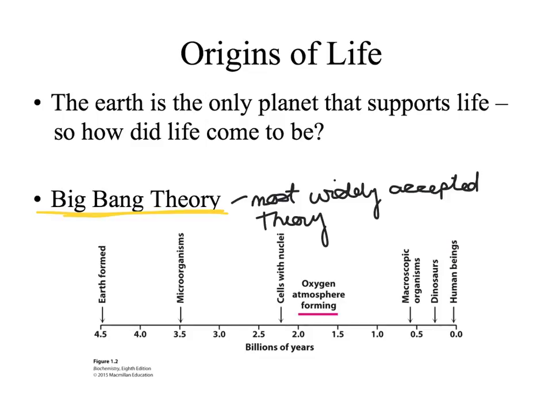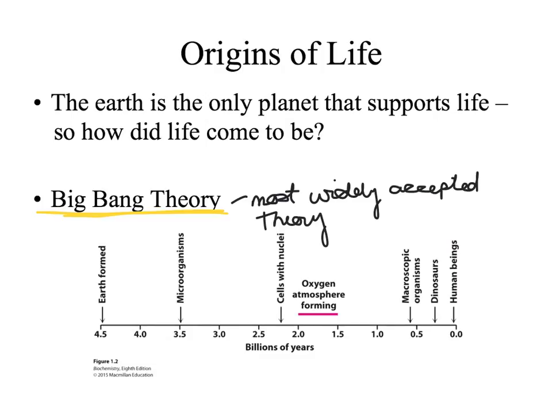And then an explosion occurred, and as the result of this explosion, matter started to expand with great force. So temperatures were approximately 15 times 10 to the 9th Kelvin, so very high temperatures. And the average temperature of the universe since that initial event happened has been decreasing over time.